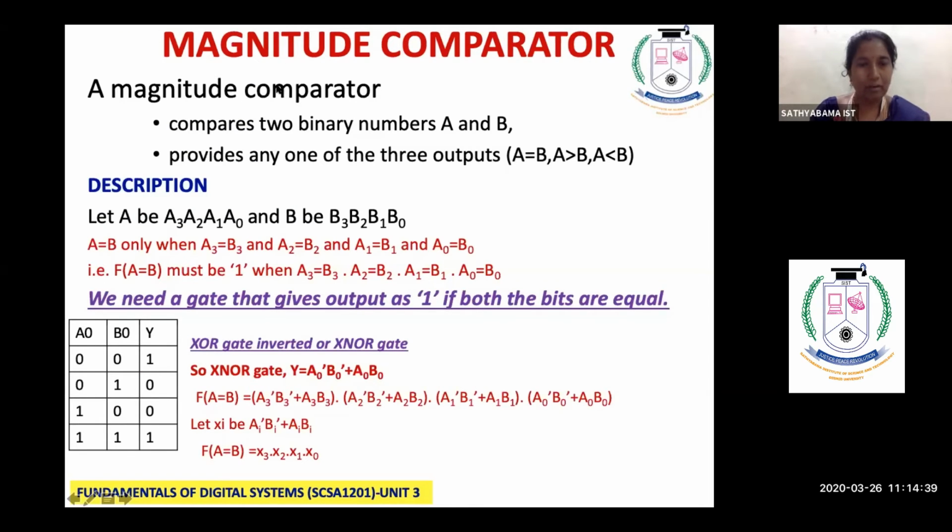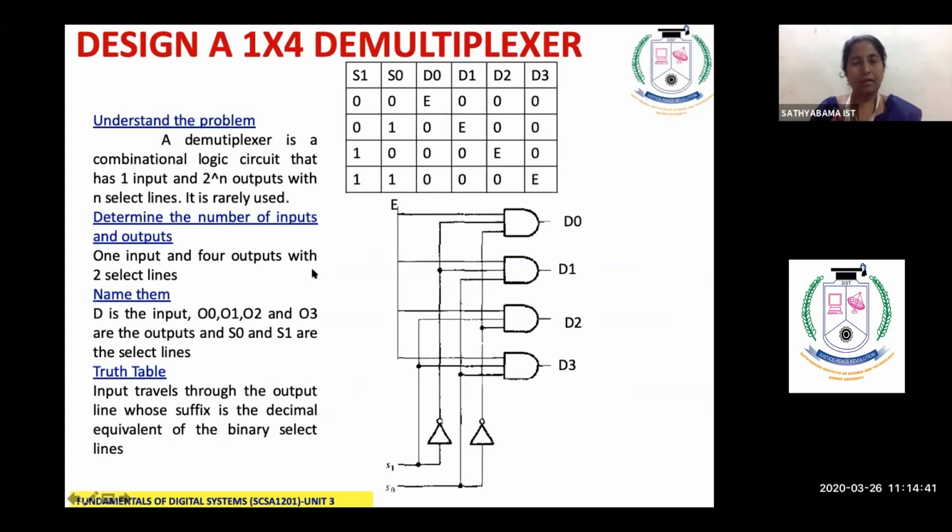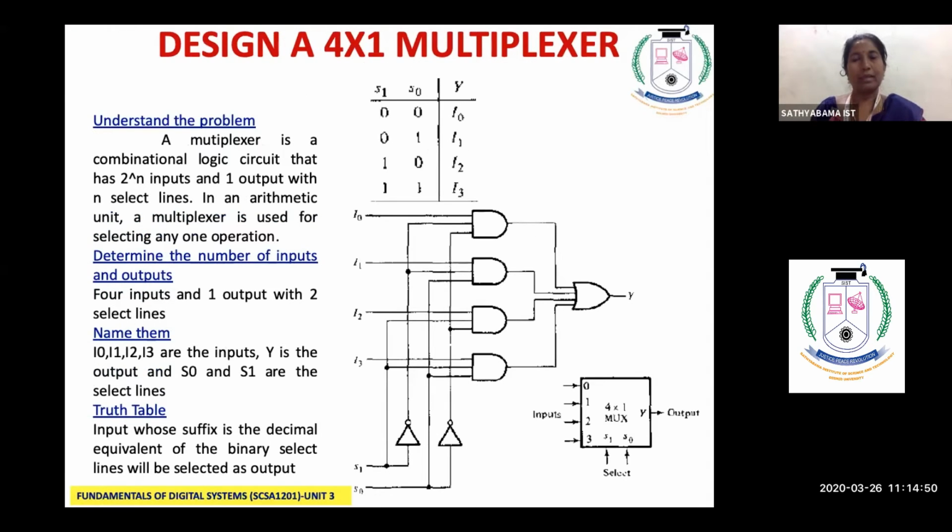Wait. Okay. Okay, Amma. So now you see, we were in multiplexer, right? Design a 4x1 multiplexer. I said multiplexer is nothing but a circuit for choose the correct answer. In multiple choice questions nowadays, you will have 4 options, right? Among 4 options, you have to choose the correct option.